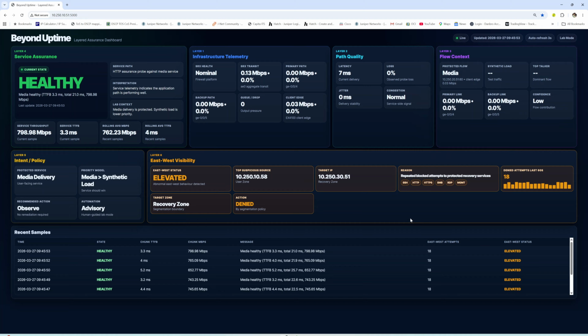Modern attackers rarely move north-south anymore. They move laterally. And if your platform only measures uptime, you may never see that movement happening. That's why east-west visibility is becoming critical for modern operational assurance. This is why east-west visibility usually needs to come before microsegmentation enforcement.